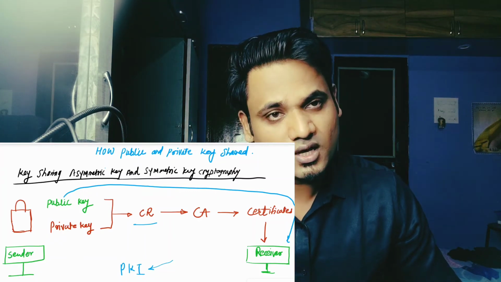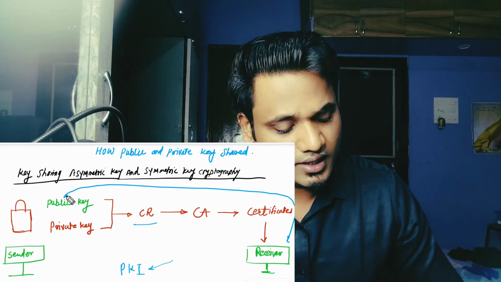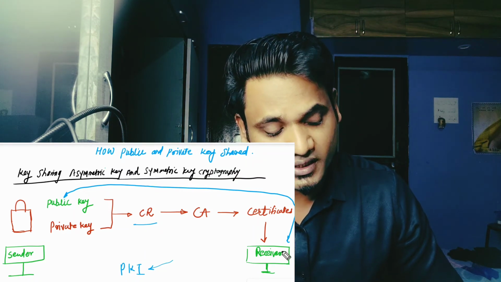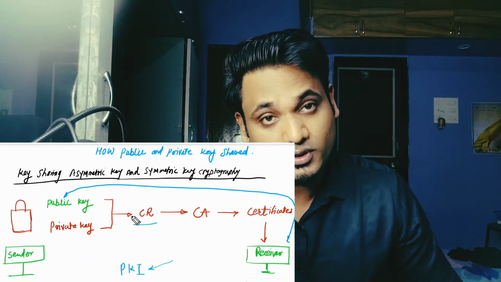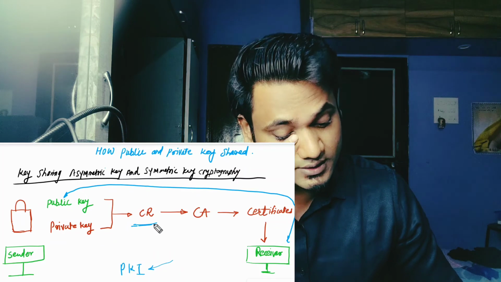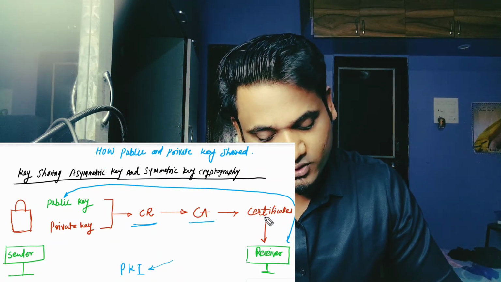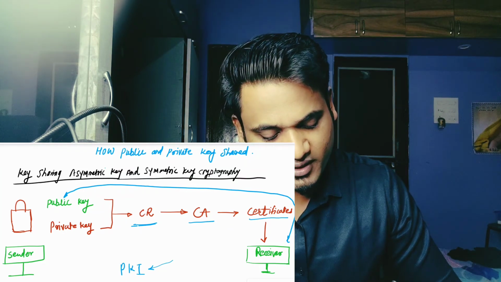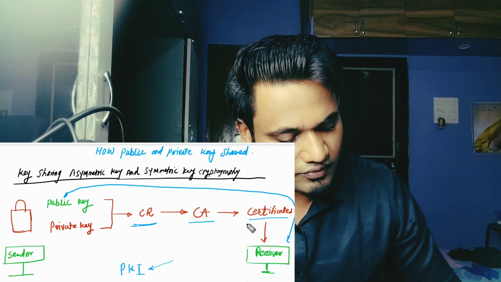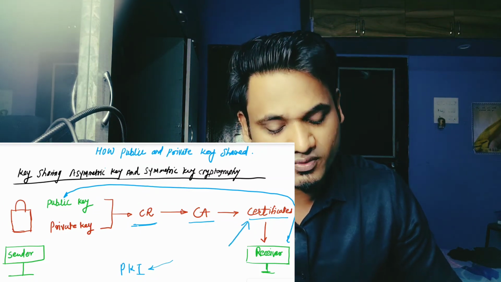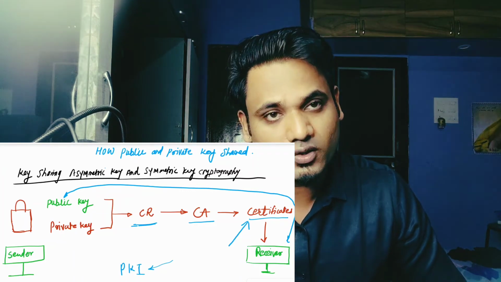So how does it work? Initially the certificate request is received, then the certificate authority generates the certificates and those certificates are delivered to the receiver. Consider that in asymmetric key cryptography you have two keys, a public key and a private key. The public key is integrated with your certificate, so it's visible to the receiver, and the private key is kept private with the sender only.